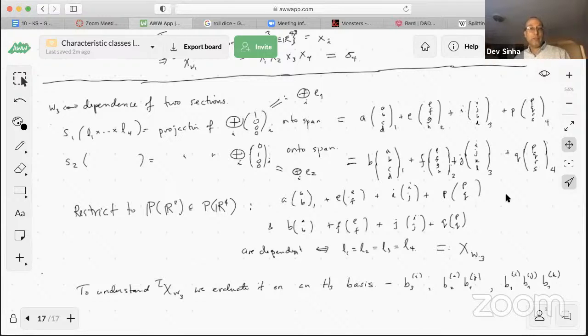And in this case, it's that those lines are the same when I really think of them inside of P of R2. Now, the idea would be in P of R4 that they would project onto these, but let's continue to just think in terms of P of R2. So now let's just call this X sub W3.